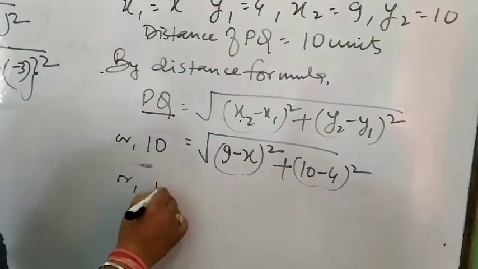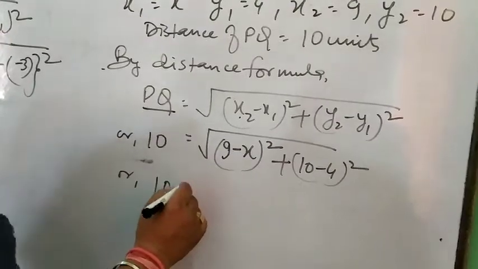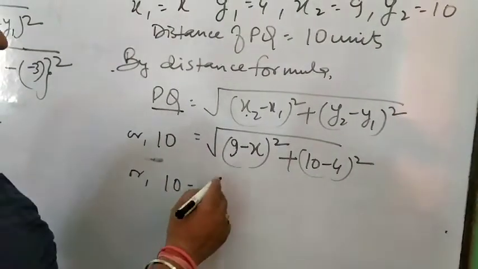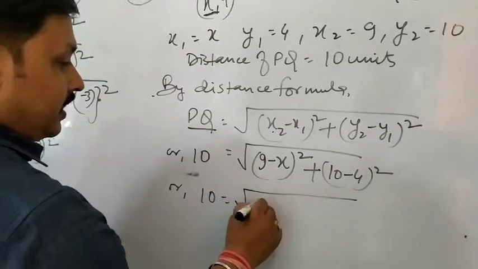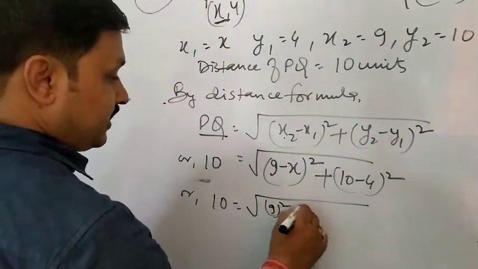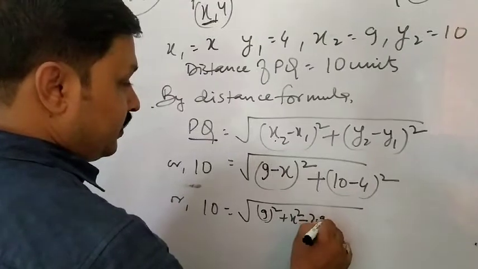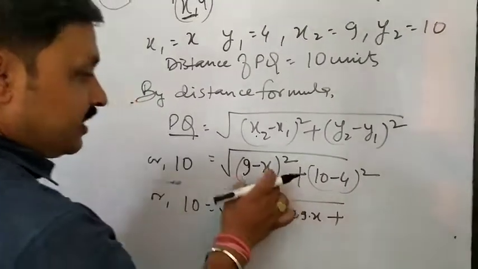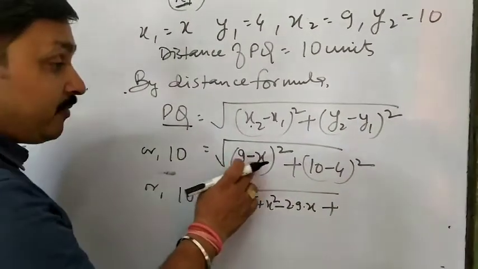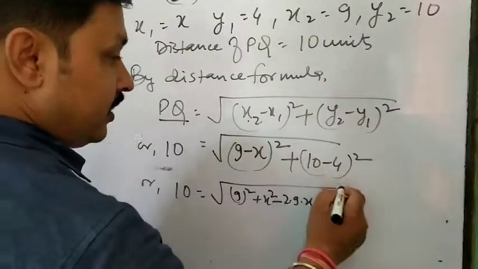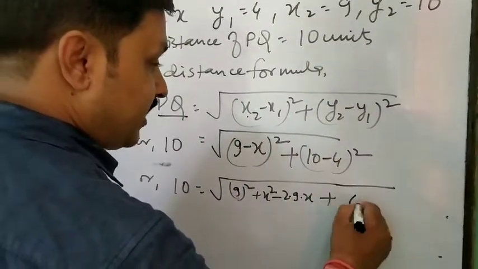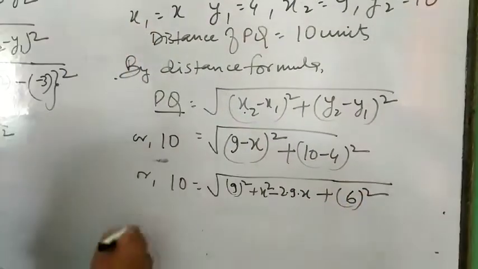That means 10 equals root under 9 square plus x square minus 2 into 9 into x. This is the formula of a minus b the whole square: a square plus b square minus 2ab. And 10 minus 4 means 6 square.